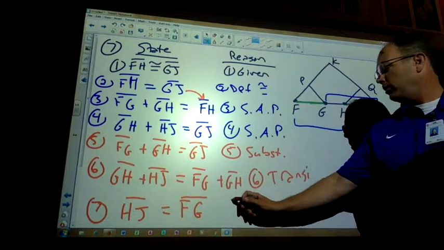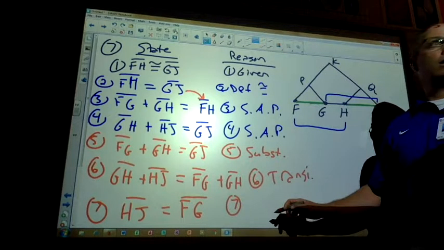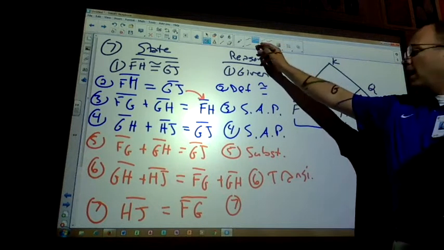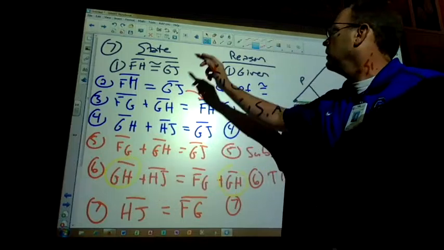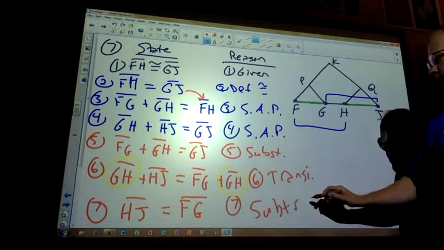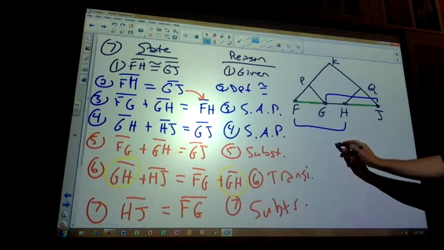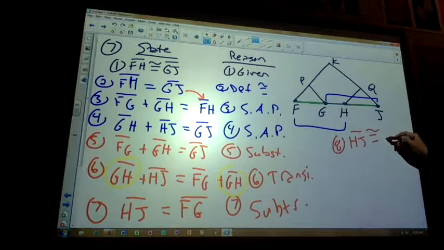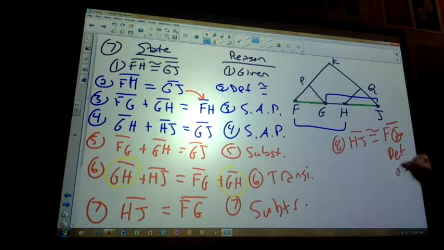How did I get rid of GH? Subtraction. Then my 8th step, I could state that HJ is congruent to FG, definition of congruent.